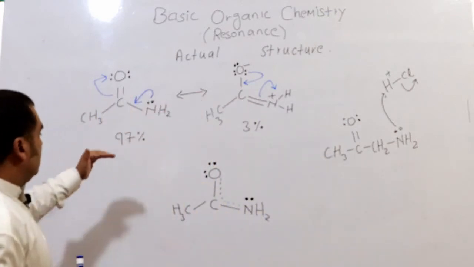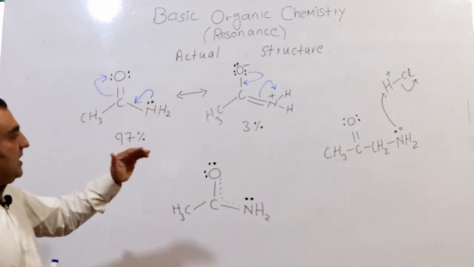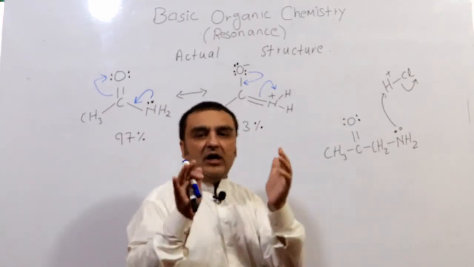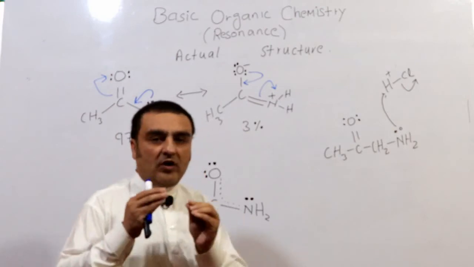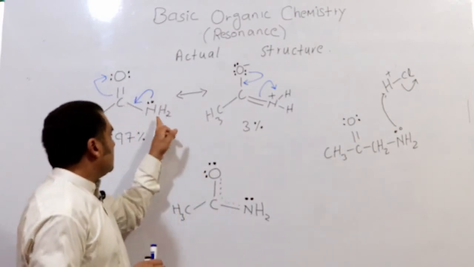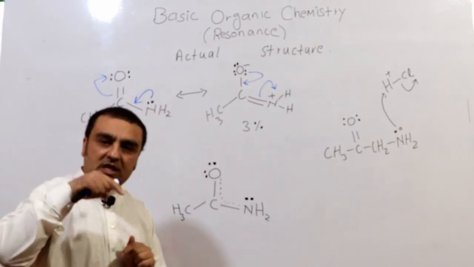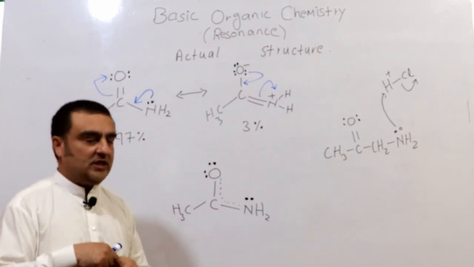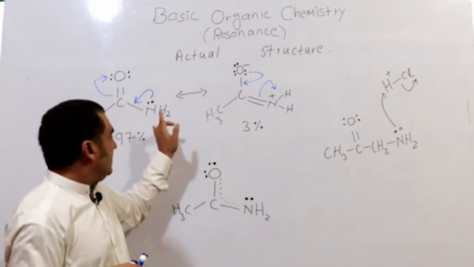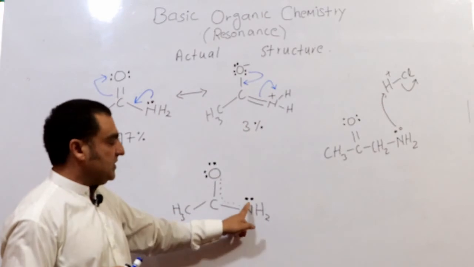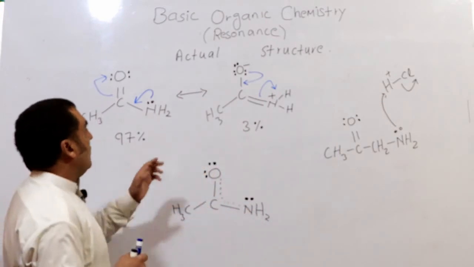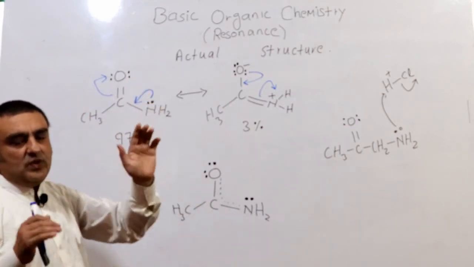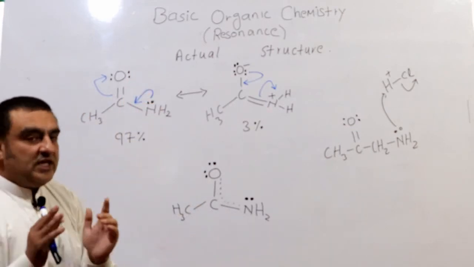But here there is some difference. In the simple amine, the nitrogen has all of its lone pair and all its electron cloud present on it, but this nitrogen has a little bit less electron cloud present on it, as you see when you compare those structures. So it does not have 100% of the electron cloud, and this oxygen, which seemed to be neutral, is not neutral.